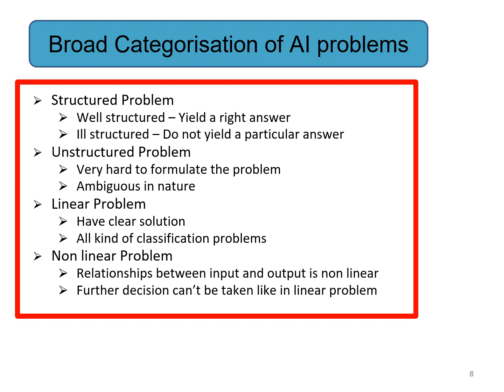Next is the non-linear problem. A non-linear problem has a complex relationship between input and output, where small changes in the input may produce large or unpredictable changes in the output. Characteristics: complex interaction among the variables, multiple possible outcomes, future decisions depend on previous decisions, and behavior is difficult to predict.